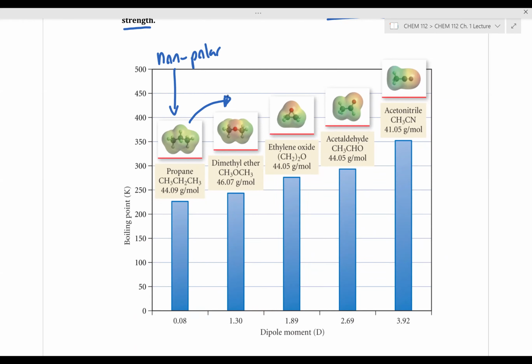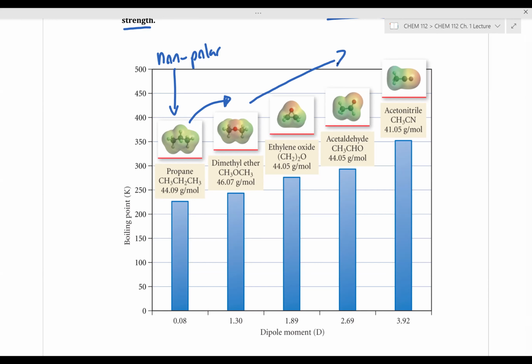Now, as we increase our net molecular dipole, does our boiling point increase? As our dipole moment's going up and up and up, what's happening to our boiling point? It's also increasing. So more polar molecules have stronger dipole-dipole interactions, and as a result, they have higher boiling points.